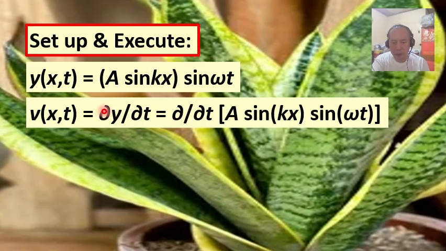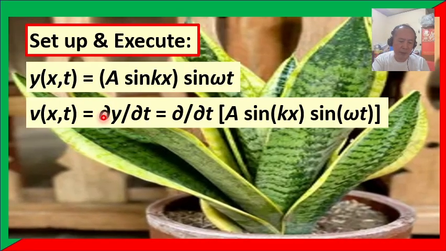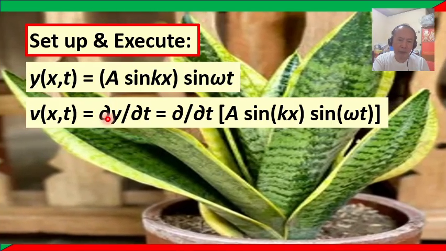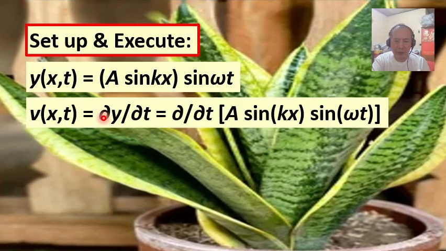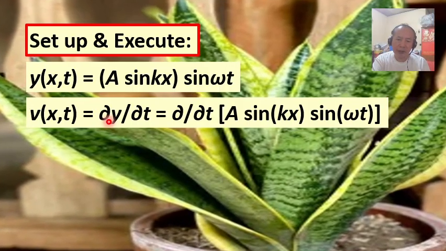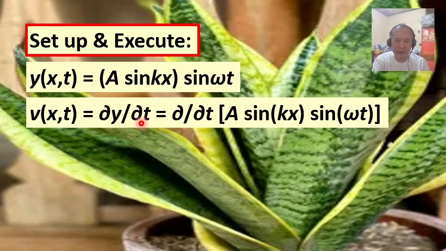So this symbol represents the partial derivative of the displacement y. And this symbol is a curly small letter d, right?